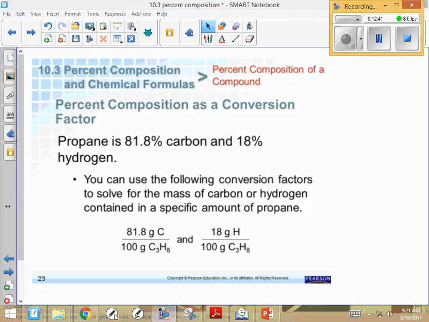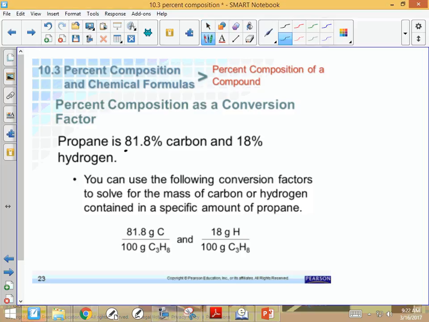Last thing we're going to do with percent compositions for now is we can actually use these as a conversion factor. If you know the percent composition, if you're given the propane is 81.8% carbon and 18.2% hydrogen like we calculated earlier, if you assume that you have 100 grams of propane, without even using a calculator, can you tell me how many grams of carbon you're going to have?